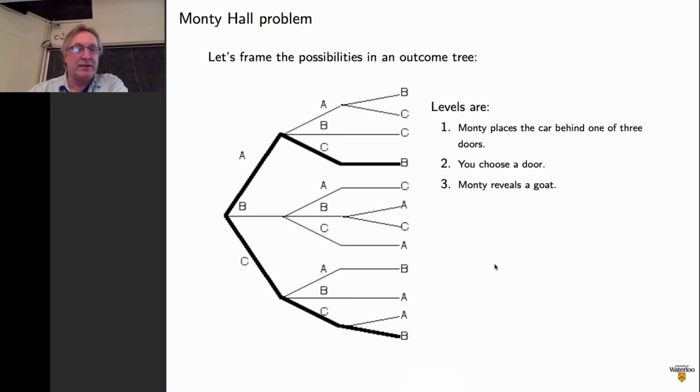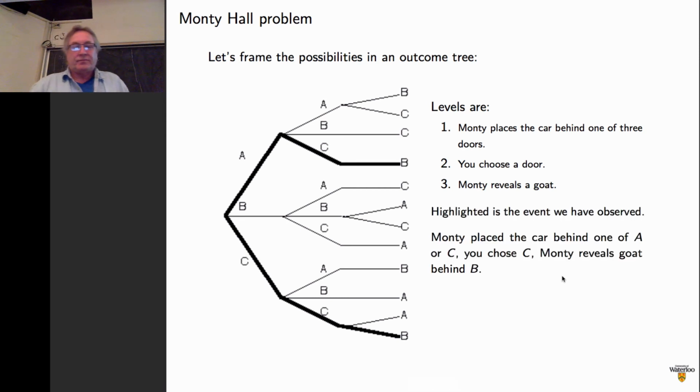So we're going to break this down with drawings now. Everybody get the framework? All right? Okay. So that's the event that we've observed is what's shown in solid there. You chose C, and he reveals B, which means he didn't put the car behind B.